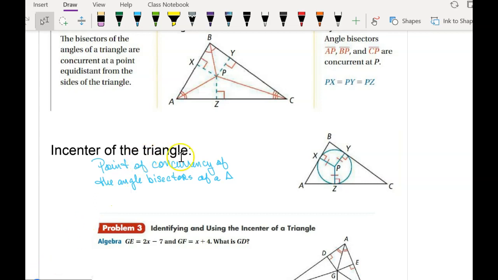Okay, so there's a lot of words going on here. So you might need to pause and look at the diagram and think about it, or rewatch the part that's giving you trouble.